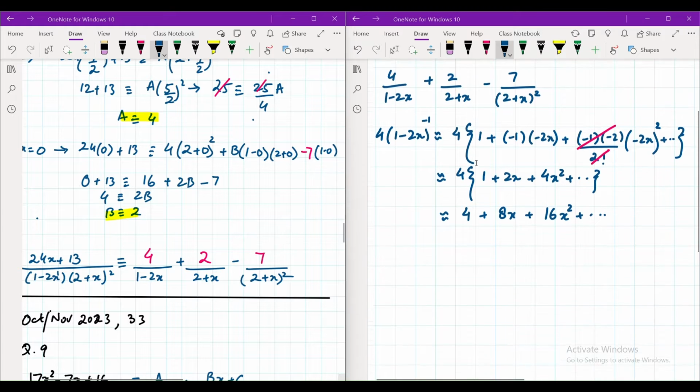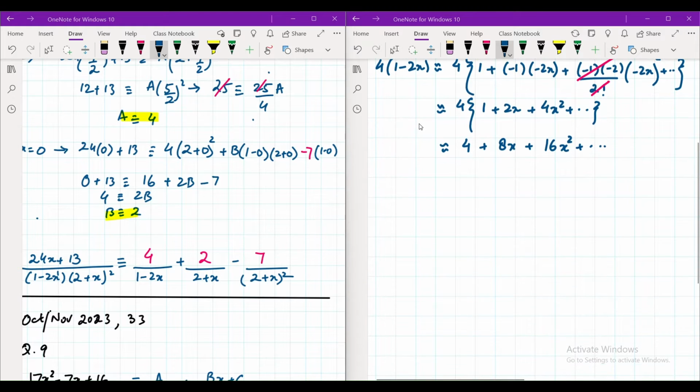Then we have the 2 over 2 plus x. So first off, we need to see what 2 plus x is. We need to factorize this. Since this is not a 1, we need to expand it from 1 plus or minus something. So we factorize out the 2, and this will become 1 plus x over 2 raised to the power minus 1.